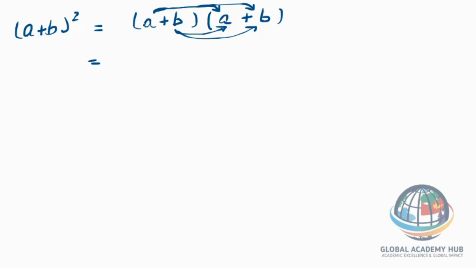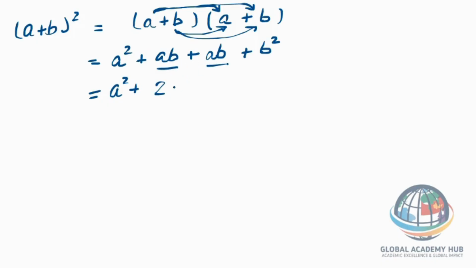So let's go. So a times a is a², plus a times b is ab, plus b times a is also ab, plus b times b is b². So I'm left with a² plus, now I have ab and another ab, so I have two of those.